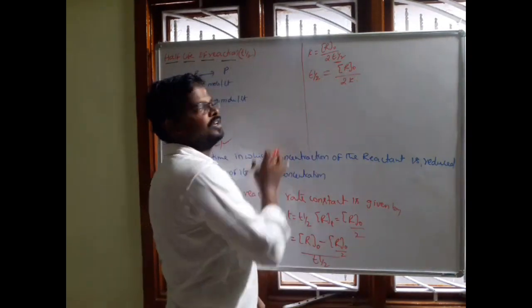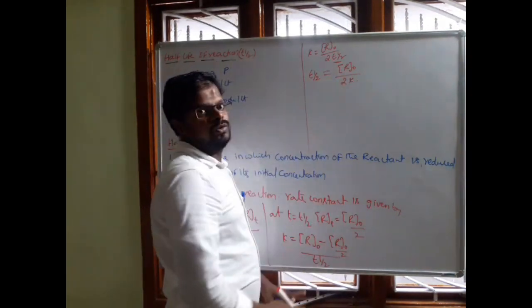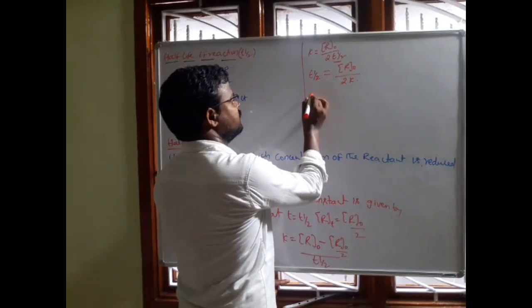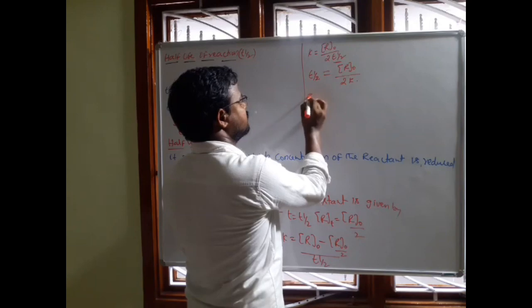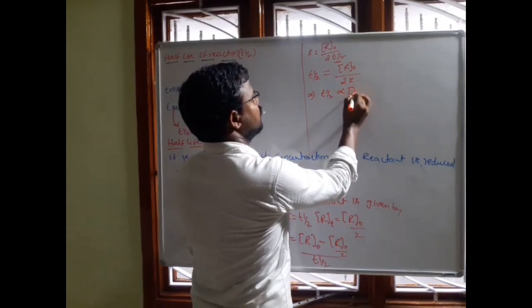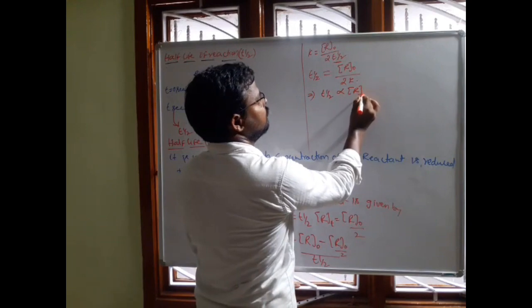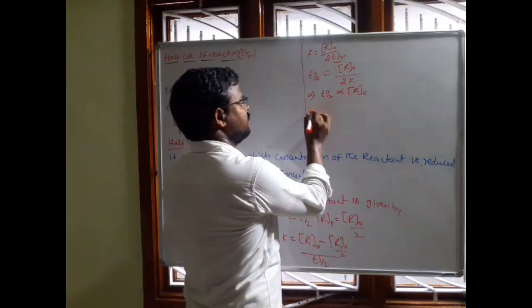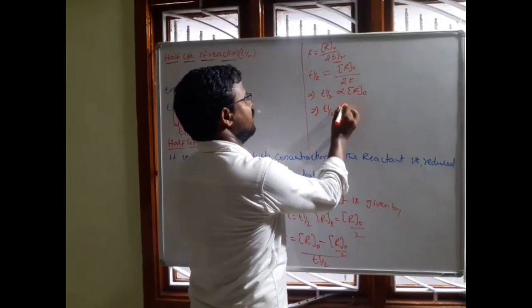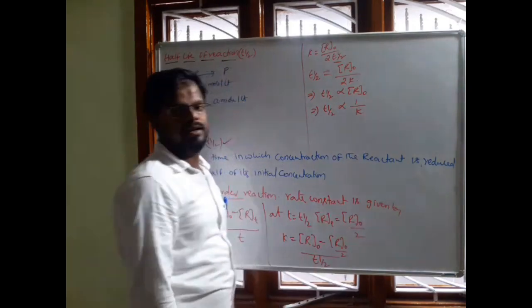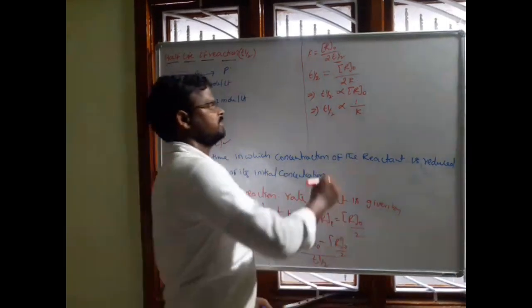If you observe this equation, we get two important points: T half is directly proportional to the initial concentration of the reactant, and T half is inversely proportional to K. What is the meaning here?